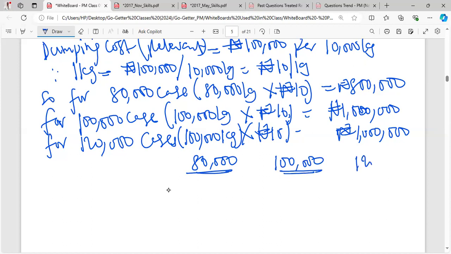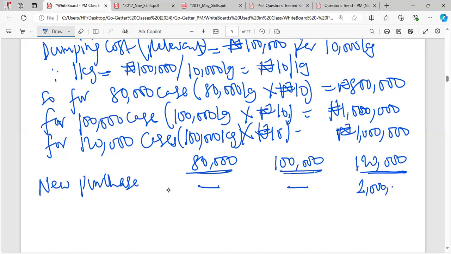This is 120,000. So you say new purchase, dash dash 2 million. Then here you will say dumping costs.